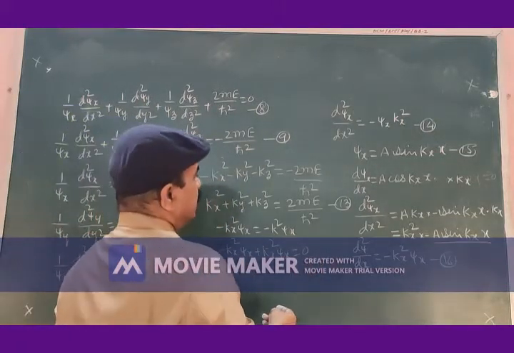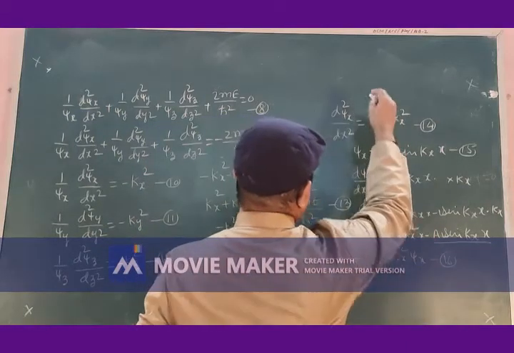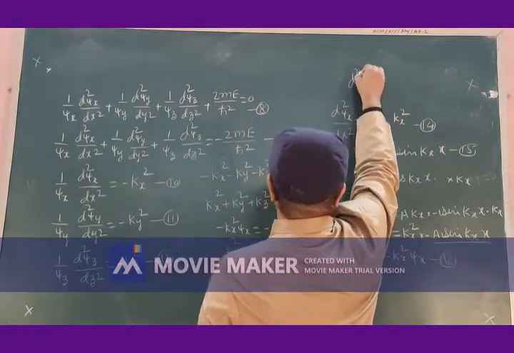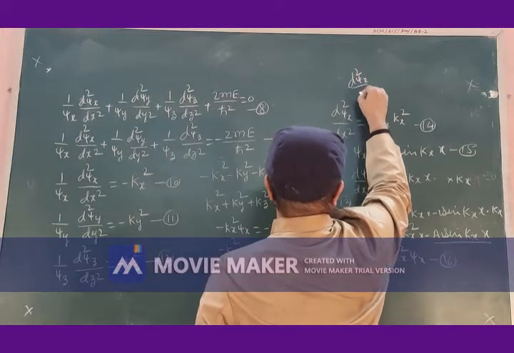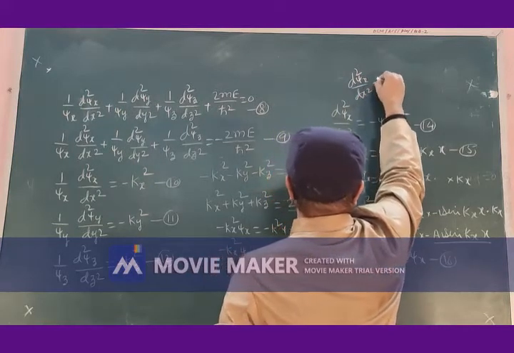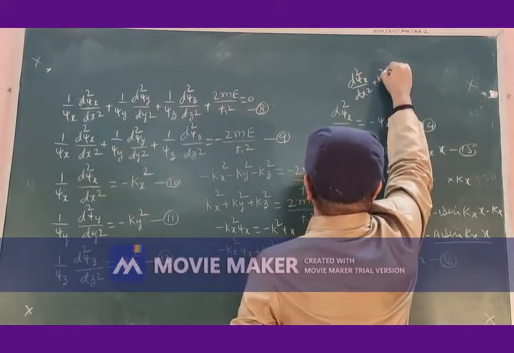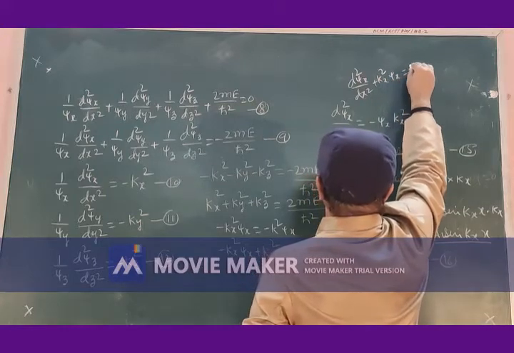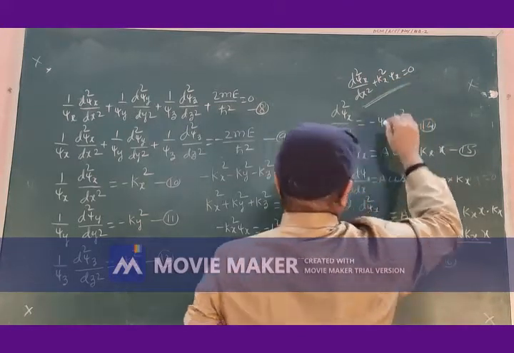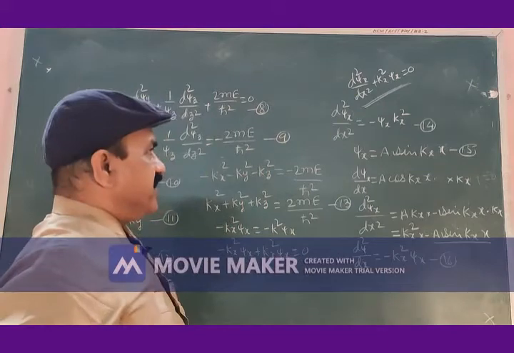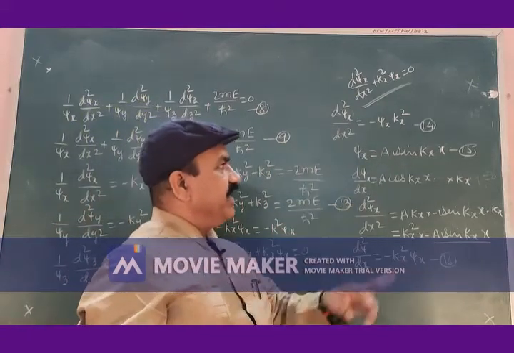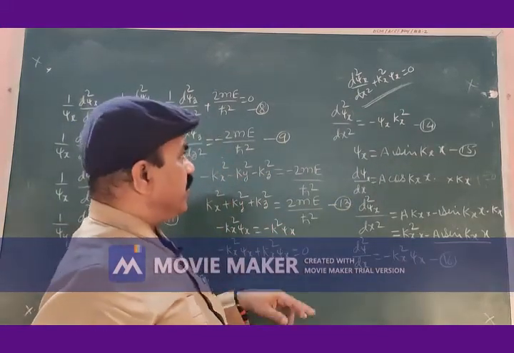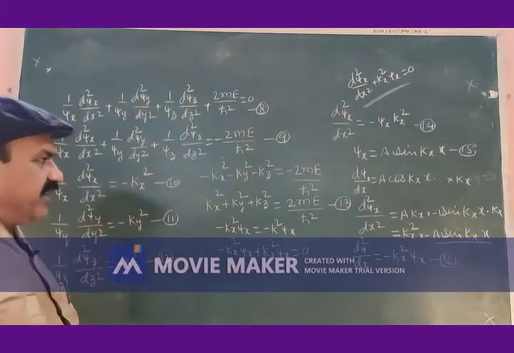So this equation is satisfied. d2 psi x by dx square plus kx square psi x is equal to 0. This differential equation is satisfied if this is the solution taken for equation 10.